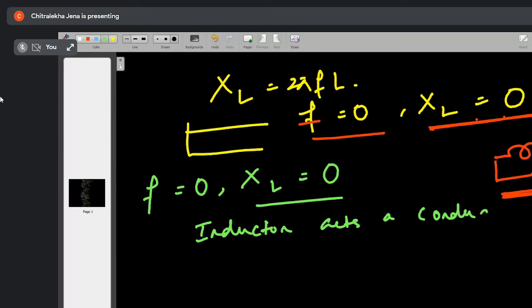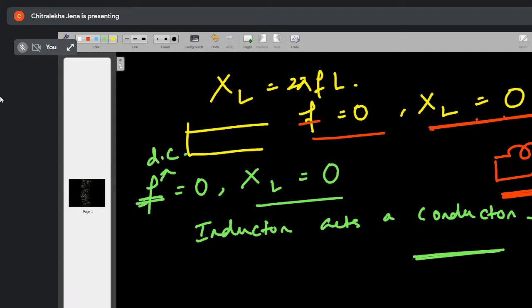Understood? Yes, ma'am. It will act as a short circuit. So when you use an inductor and provide a DC supply, where your frequency is 0, these are fundamental, basic things. Got it? Yes, ma'am.